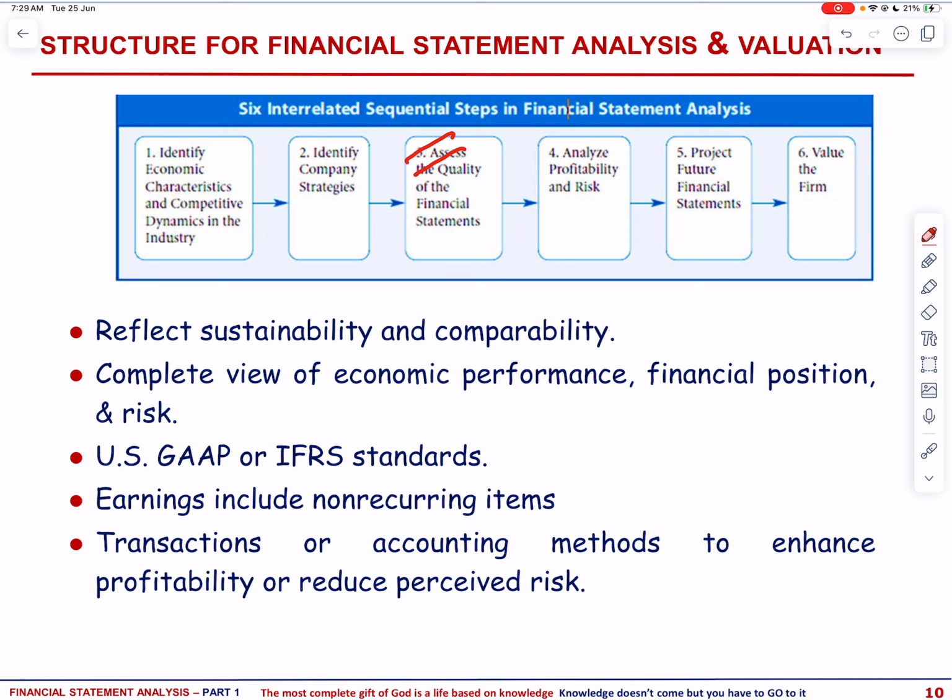That is, to assess the quality of the firm's financial statement, they should evaluate if the financial statements reflect sustainability and comparability, determine if they provide a complete view of economic performance, financial position, and risk, confirm adherence to either US GAAP or IFRS standards, analyze if earnings include non recurring items like goodwill written off, investigate if the firm uses transactions or accounting methods to enhance profitability or reduce perceived risk.